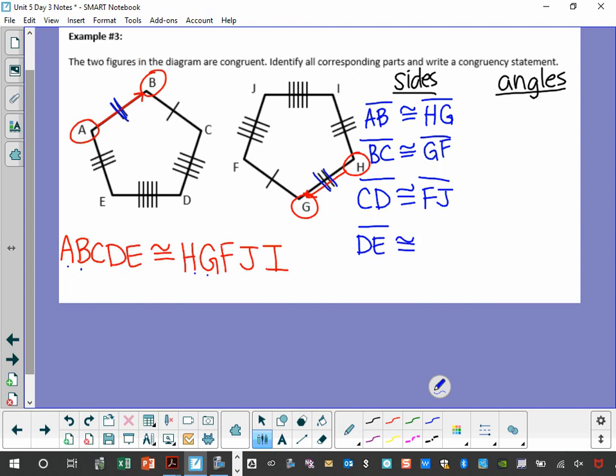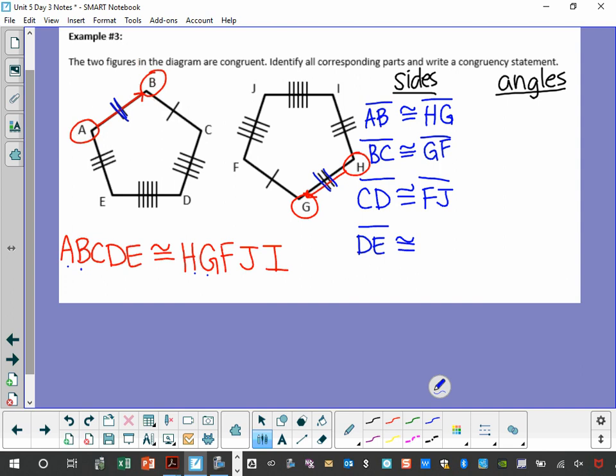All right, and DE is congruent to what? Look at DE. Do you look at the pictures more, or do you look at the statement more? Not quite. You see how many hash marks we have? 1, 2, 3. We have 5 hash marks.